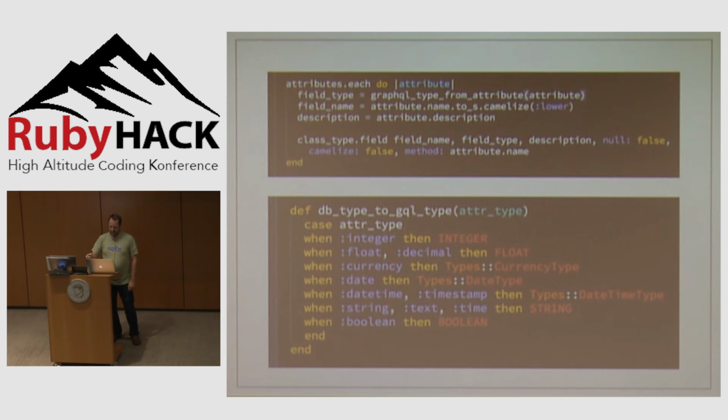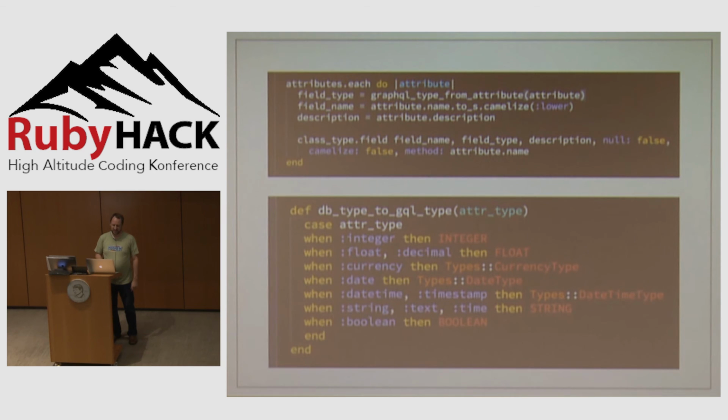The field type, this is actually a different file, but Active Record only has a fixed set of all the different types that you can get, and I just map those to whatever GraphQL type I want. And so that's the type. The field name is just the attribute name, and then I camelize it to make it more JavaScript-y. And the description is just whatever I annotated it with.